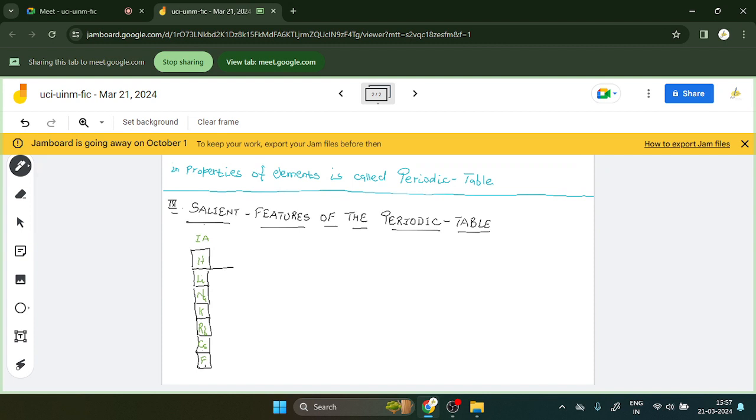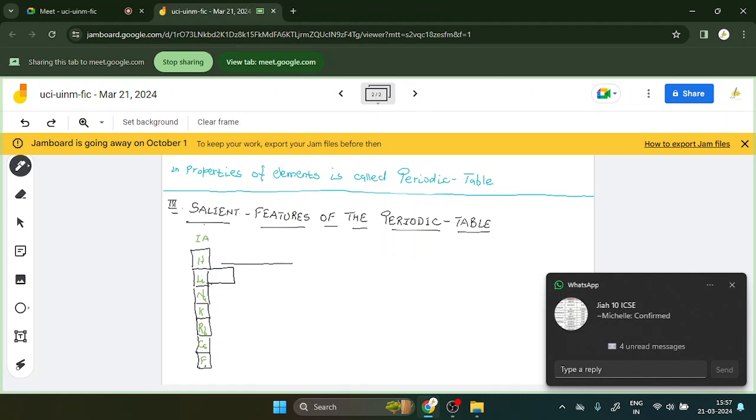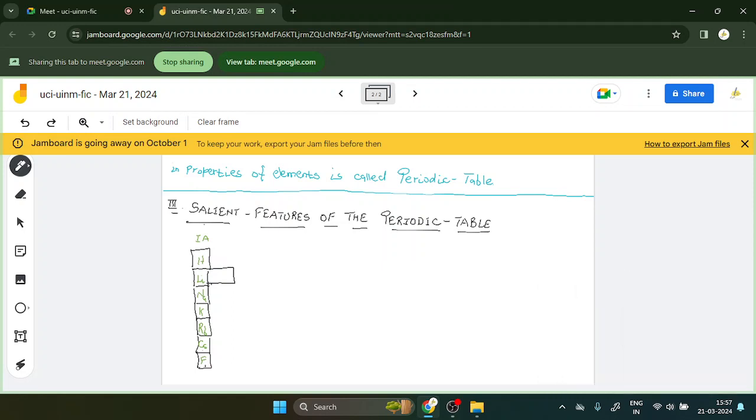Now if you look from here, the period continues, because these horizontal lines are called periods. Clear? These are the periods. Now here we will have beryllium, then magnesium, calcium, strontium, barium, and radium.